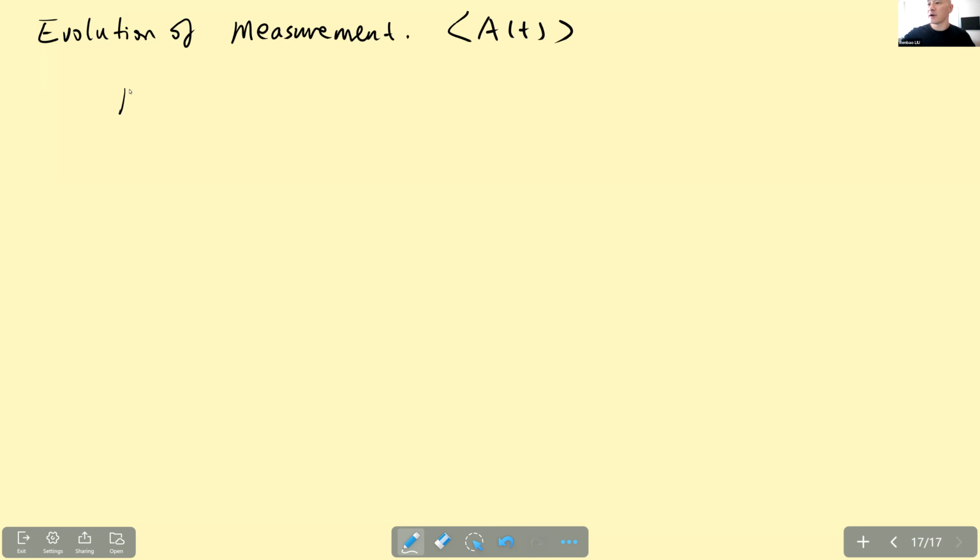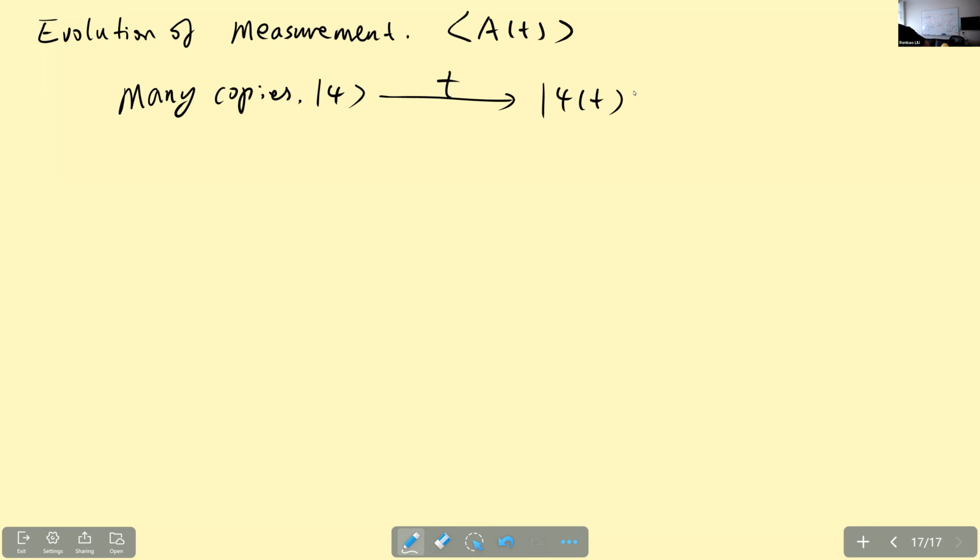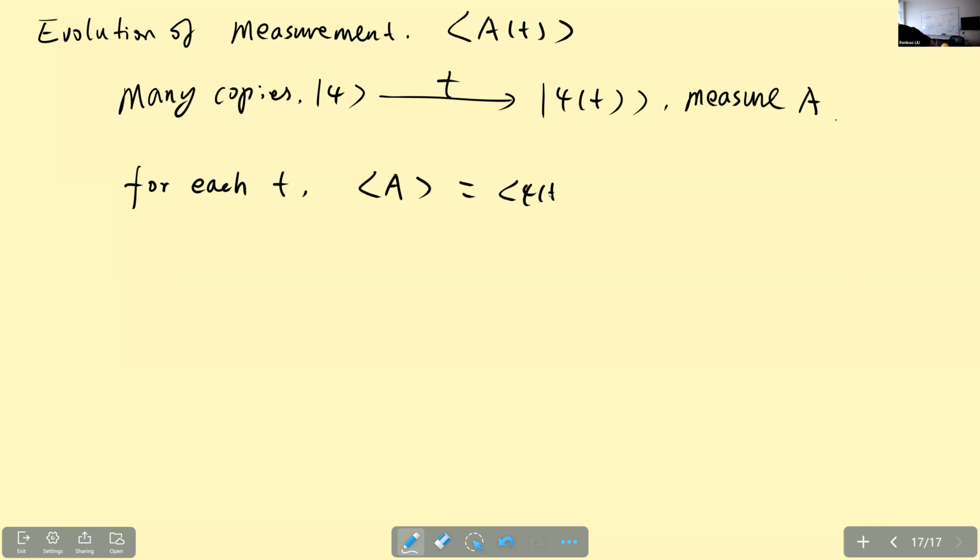So we have many copies of psi, and then evolve by t to psi(t), okay, and then measure A, okay, and then for each t, you got this expectation of A, right? That of course equals to <psi(t)|A|psi(t)>, right?